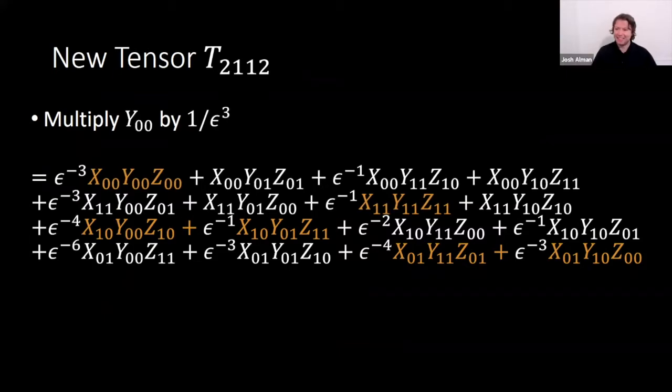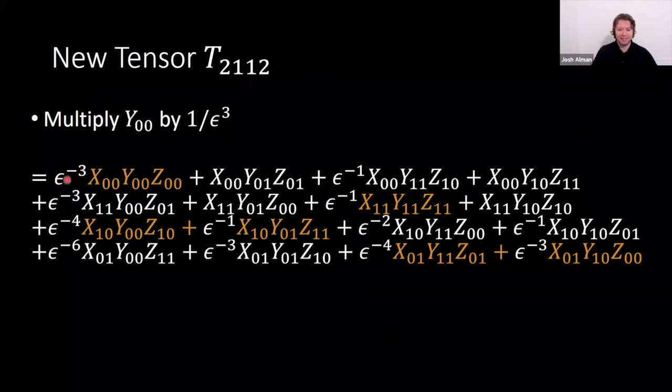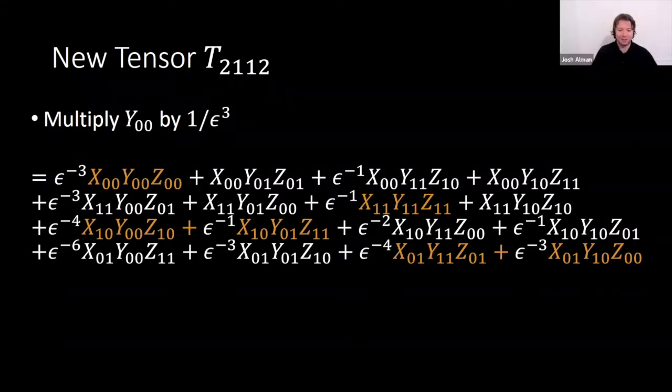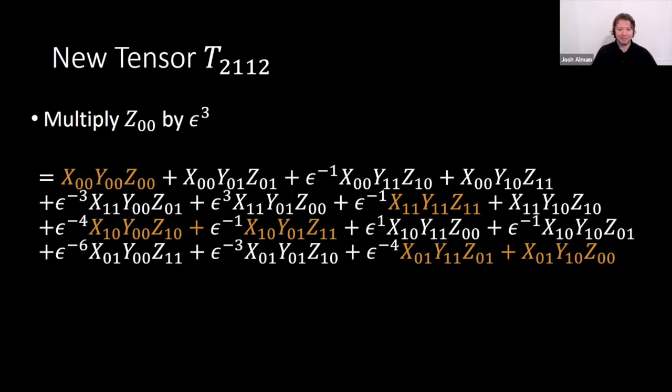There you go. And now I'm going to multiply the z variables by positive powers of epsilon. I'm going to multiply z00 by epsilon cubed, so that this orange term we want to keep has a coefficient of 1, and this orange term we want to keep has a coefficient of 1. So there you go. I multiplied the 4 terms of z00 by epsilon cubed.